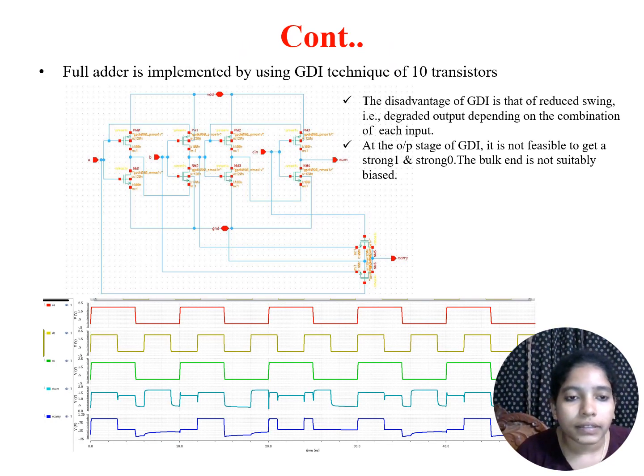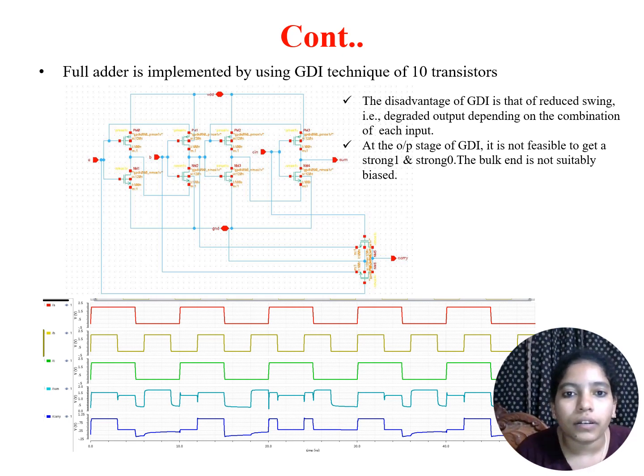Coming to this, this is the full adder implemented using 10 transistors with the help of the GDI technique, and this is the corresponding output response of this 10 transistor full adder. If we observe the output, there is a voltage degradation because there are two drawbacks in the 10 transistor full adder.